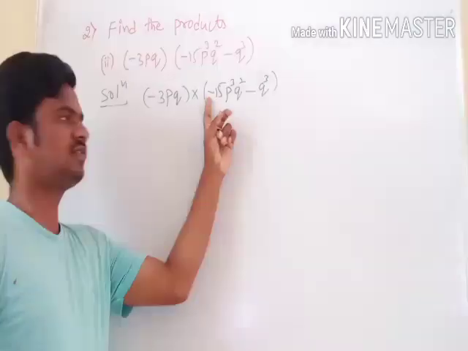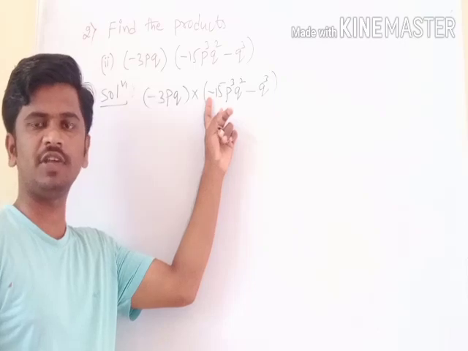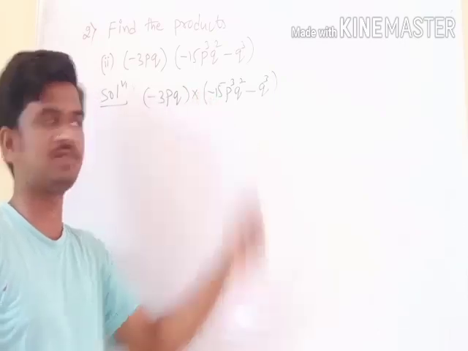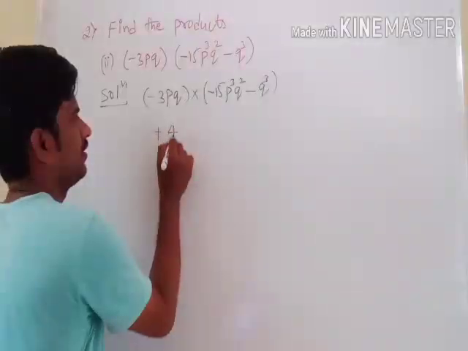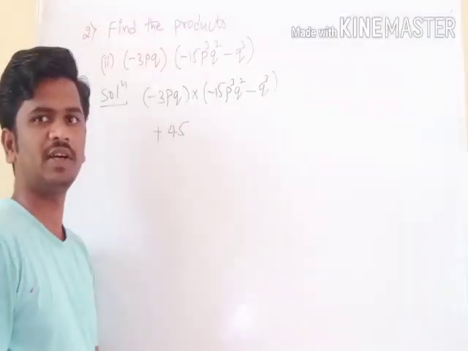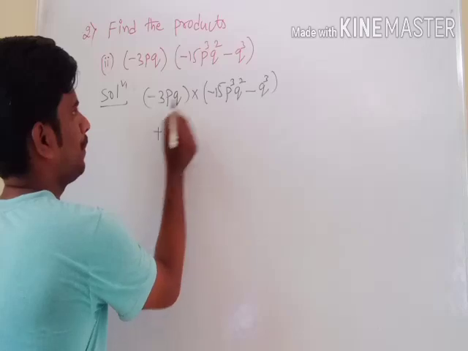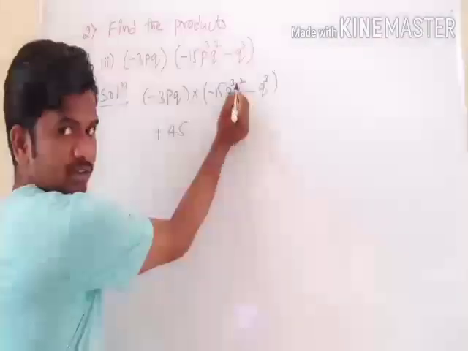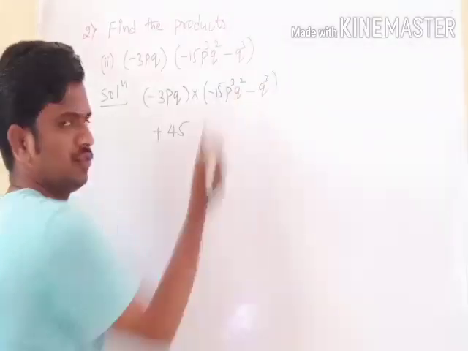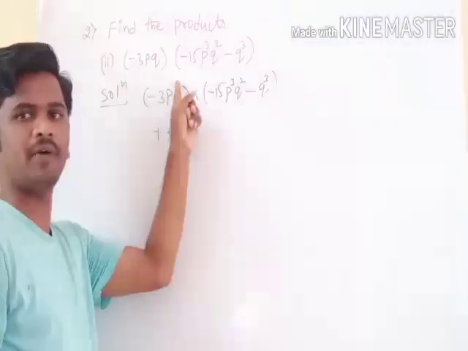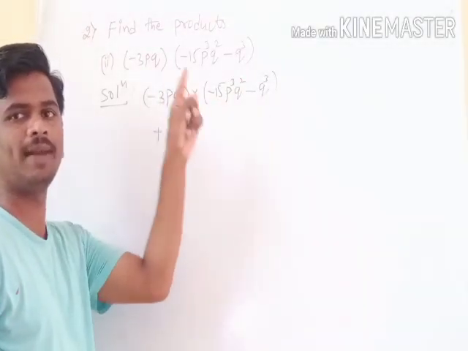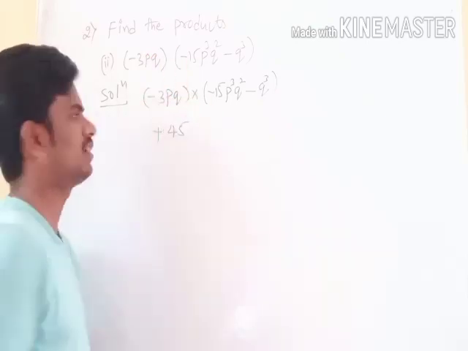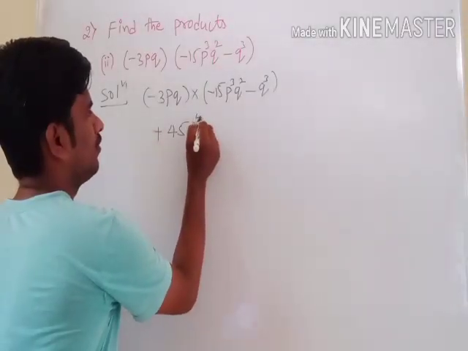Here this one is minus, it is also minus, and we know that minus into minus is nothing but plus. Then 3 into 15 is 45. Then p cube into p power 3. So p means p power 1, here p power 3, so we can write p power 1 plus 3, which is nothing but p power 4.